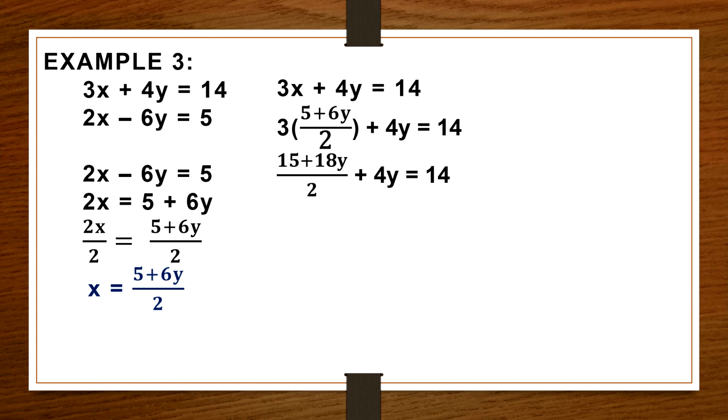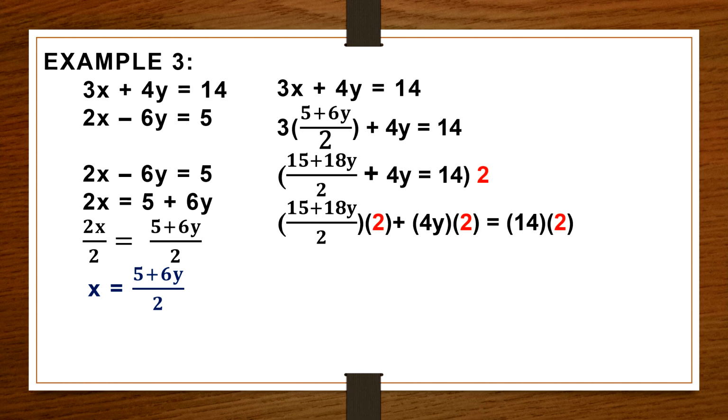To remove the denominator, let's multiply by 2. So let's distribute this: (15 plus 18y) all over 2 times 2, then plus 4y times 2, equals 14 times 2. So just cancel the denominator and 2, and copy the numerator, which is 15 plus 18y.